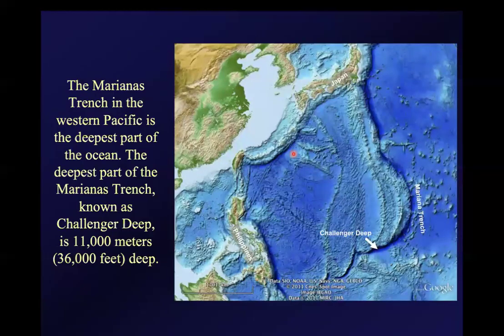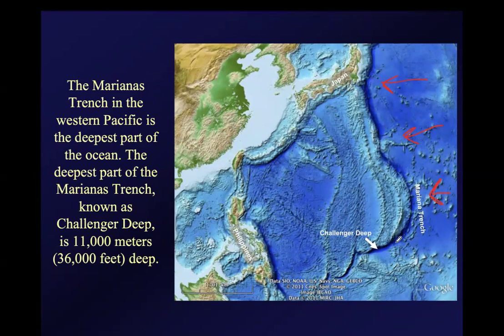The deepest part of the ocean is the Marianas Trench, and this is a place where the Pacific plate to the right is sinking under the Philippine plate. So the Pacific plate is moving that way relative to the Philippine plate. And the Marianas Trench marks the subduction zone.